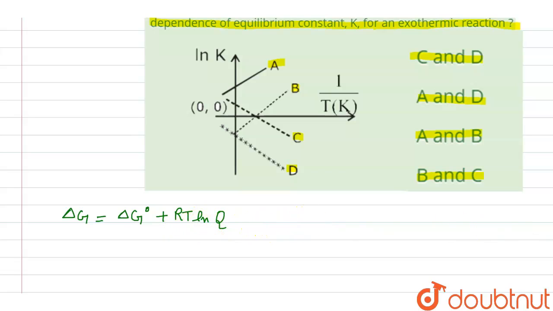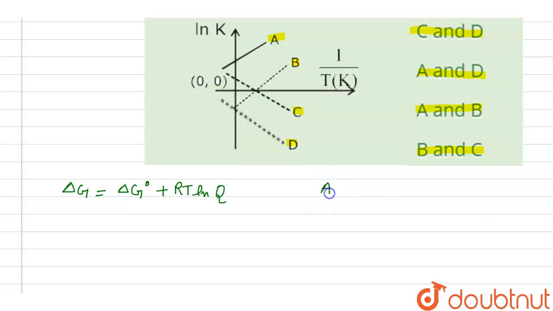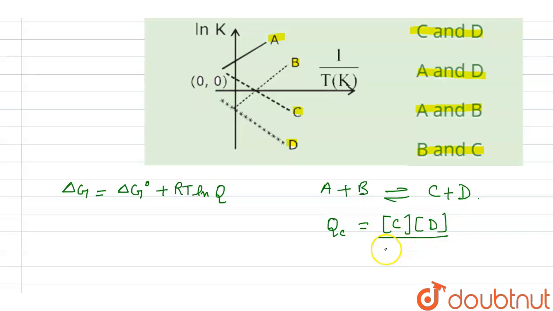Now, if I take a reaction that is A plus B gives C plus D, the reaction quotient Qc, that is the reaction quotient at concentration C, will be the ratio of products, that is C and D, divided by the reactants, that is A and B, right?